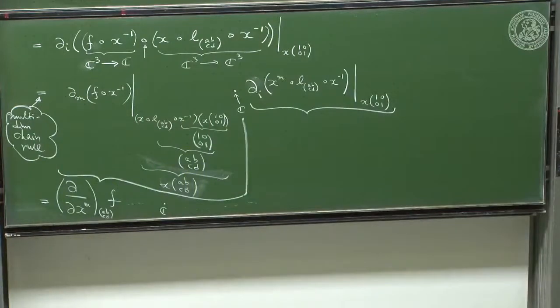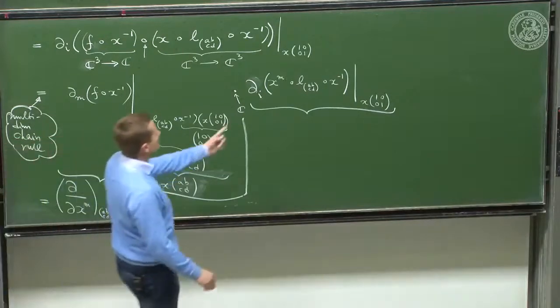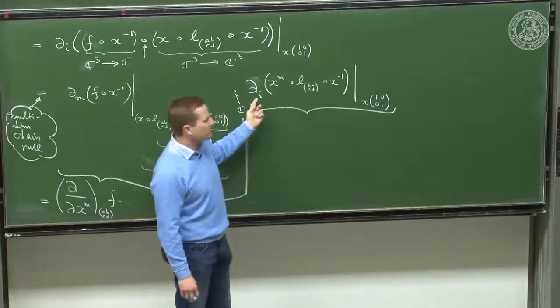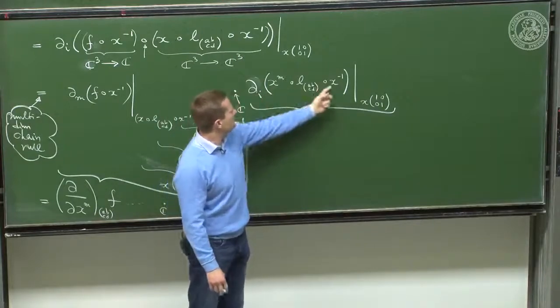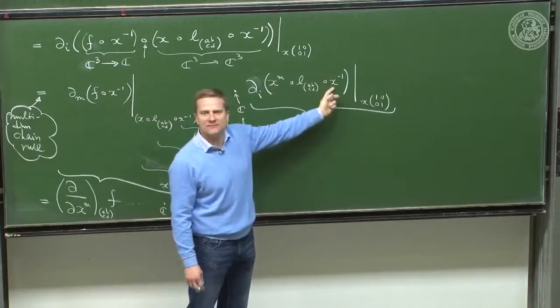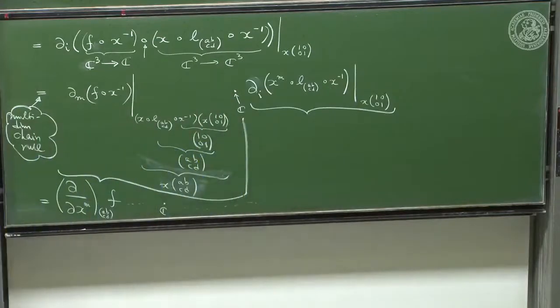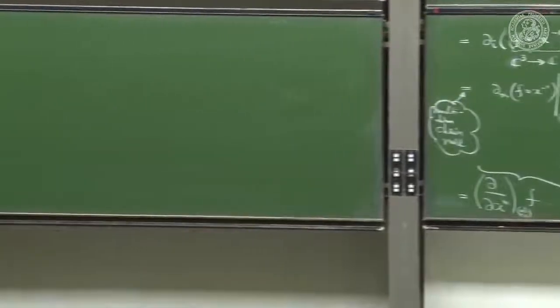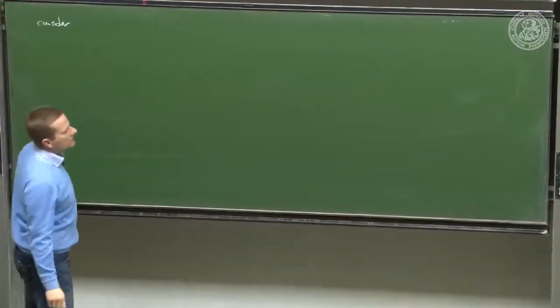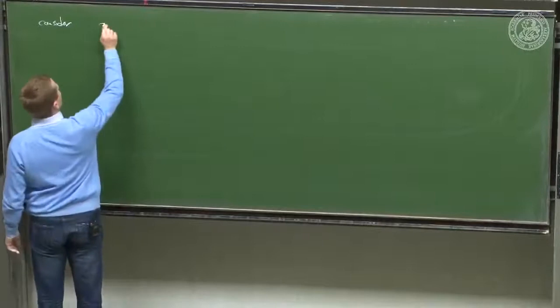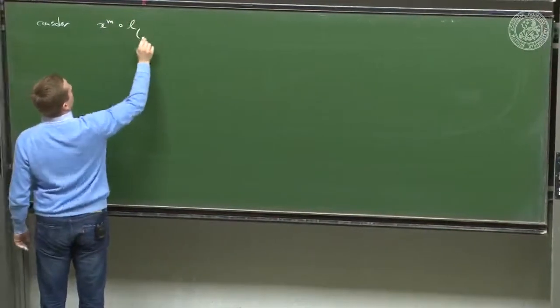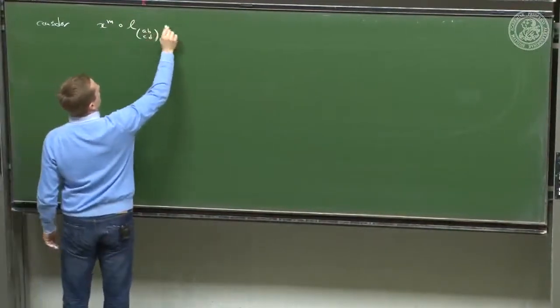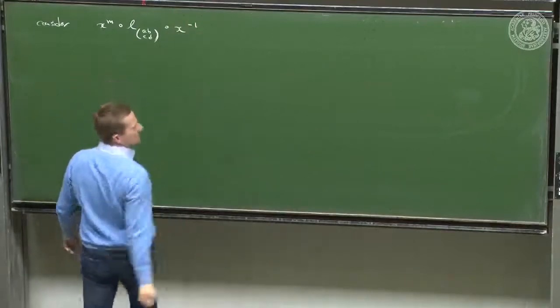Yeah, we should evaluate this too. And how do we do this? Well, before we can take the derivative of this map, we should maybe write down this map. Okay, so consider x m after L, A, B, C, D after x inverse, is that right?